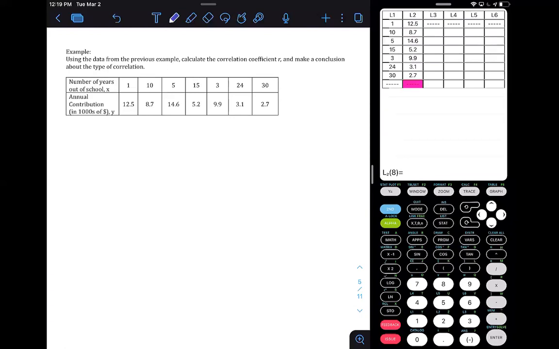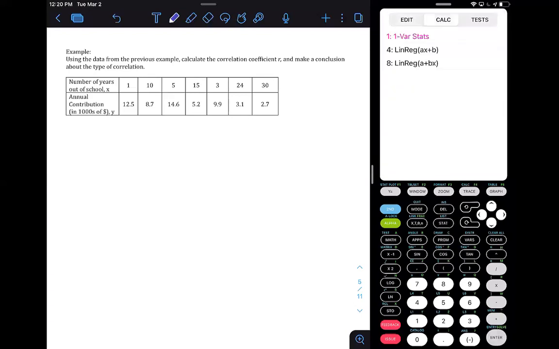And then remember how we found our X bar, our mean and everything? We're going to do that again. So once you have those typed in, go back to Stat, go over to Calc, but on yours you have a number 2.